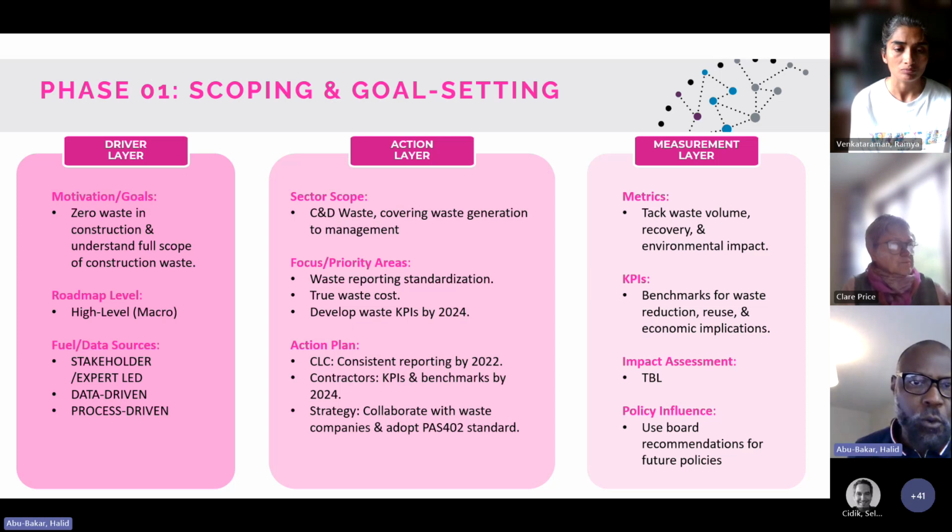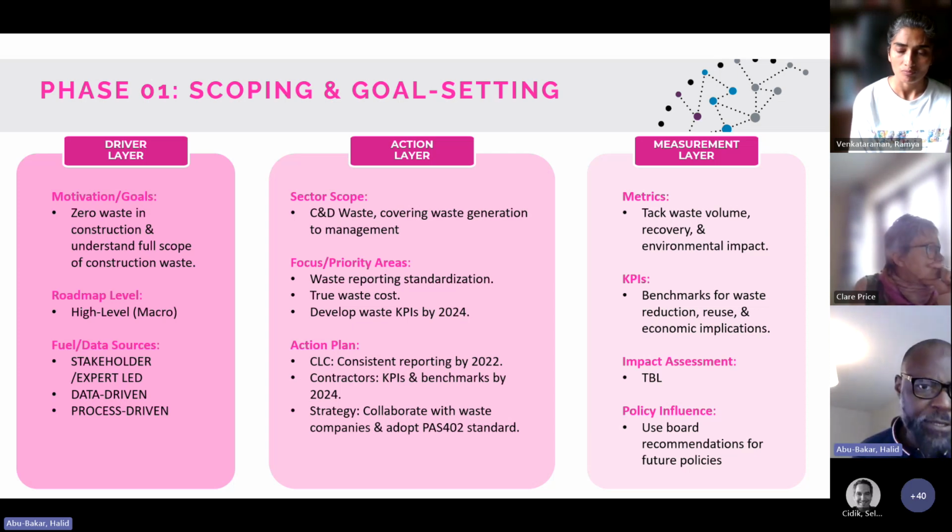And then with the measurement, of course, there are certain metrics in there. So tracking waste volume, recovery, and environmental impact. There are several other metrics, but I can't fit all the metrics in here. And then also in their roadmap, they've got some very clear KPIs. So there is a distinction between metrics which are related to the focus or the priority areas, and they've also got some long-term KPIs such as benchmarks for waste reduction over time, and some economic implications.